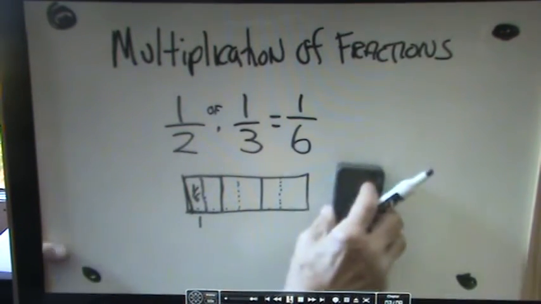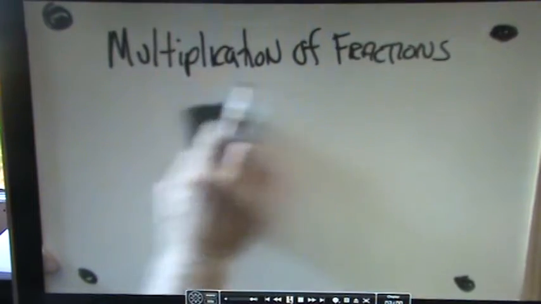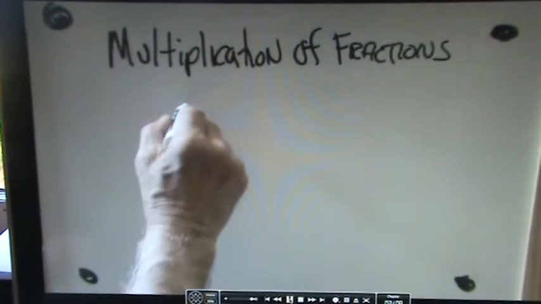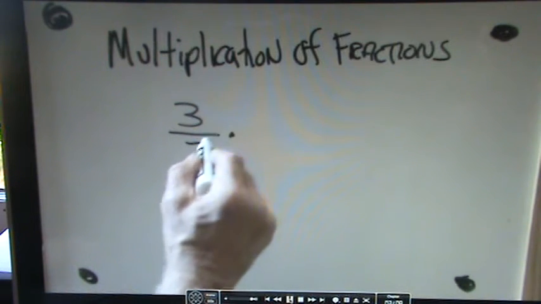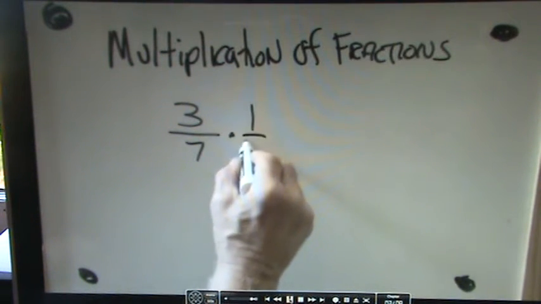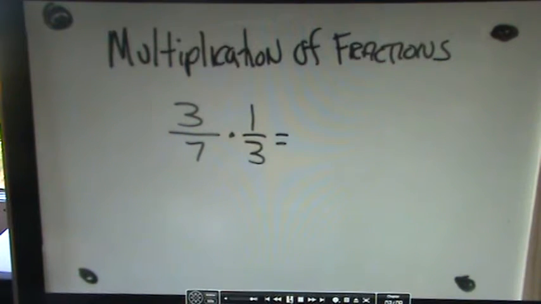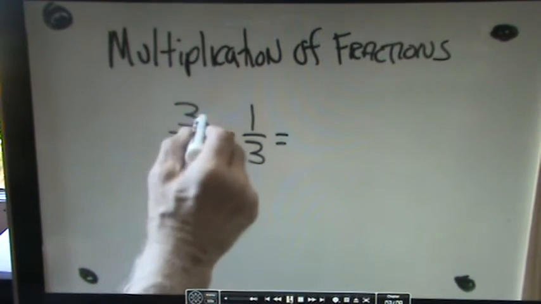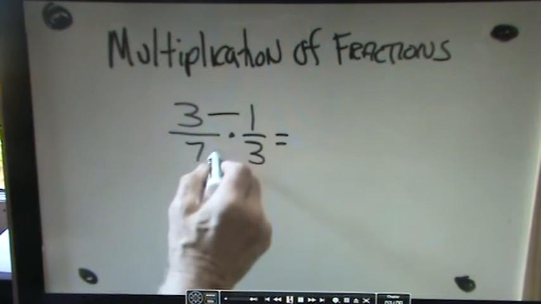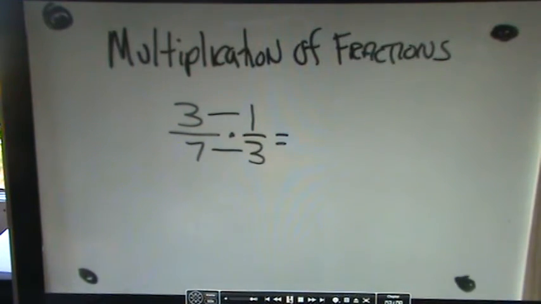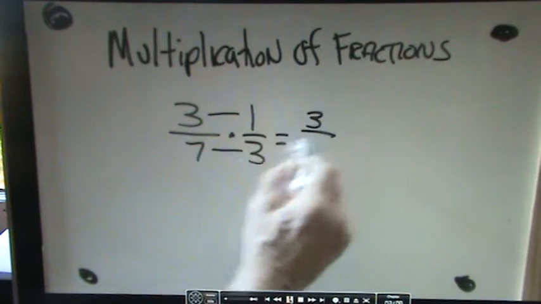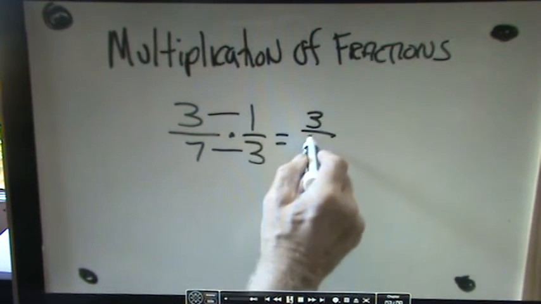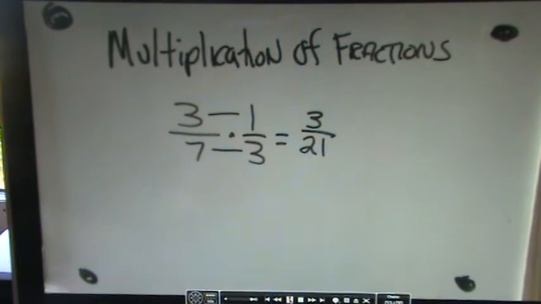Let's take a look at another problem. Let's multiply 3/7 times, or of, 1/3. Well, again, all we do is multiply the numerators and multiply the denominators. 3 times 1 is 3. 7 times 3 is 21.